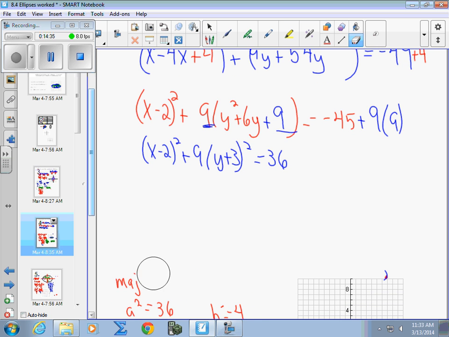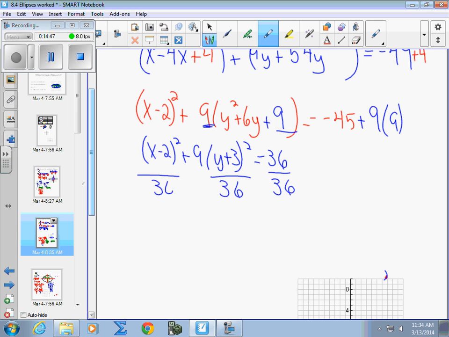The next thing we want to do is divide by what? Hopefully you will divide by 36 because the equation needs to be equal to 1. So you get (x minus 2) squared over 36 plus (y plus 3) squared over 4 is equal to 1.